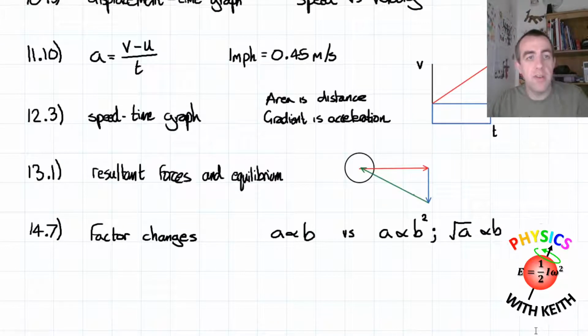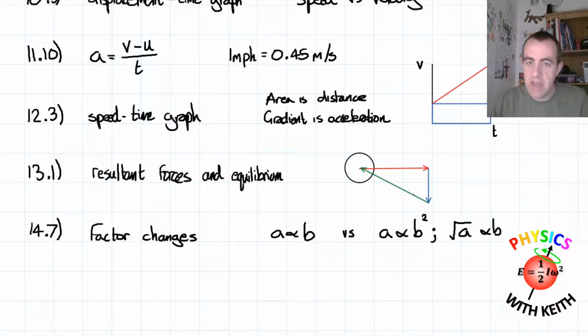Question 14.7 is about resistive forces, but actually it's about factor changes. If your factor change is proportional, then doubling B will double A. However, if we do not have two variables that are proportional, for example, A varies as the square of B, then doubling B will more than double A. In fact, it will increase it by 4-fold, and tripling B will increase A 9-fold, because you are squaring that change.